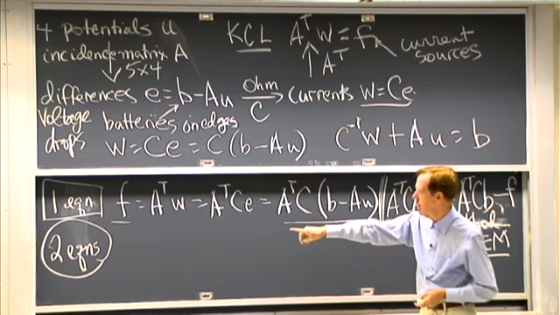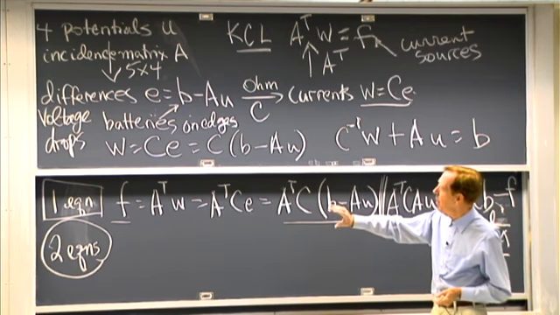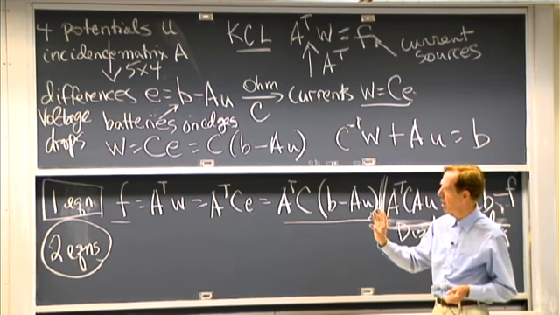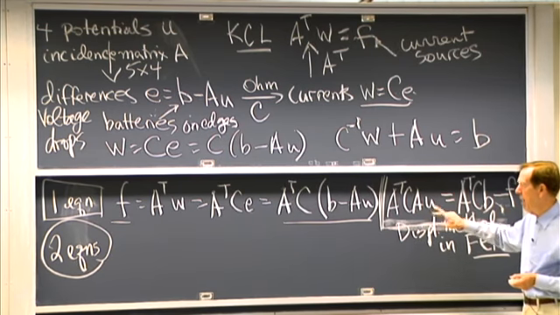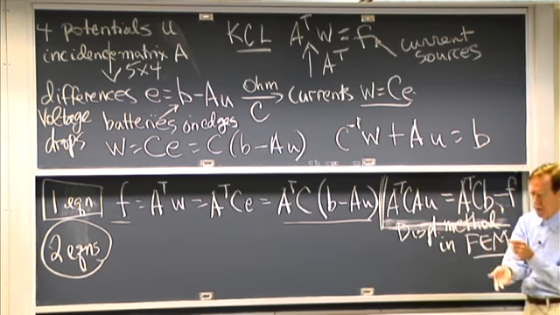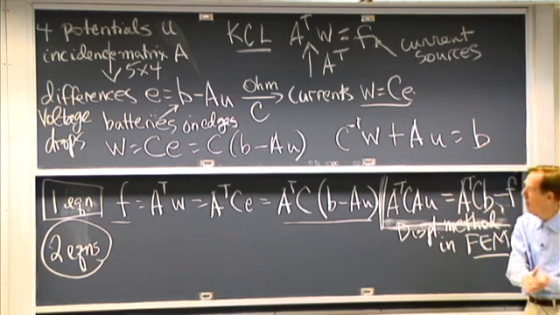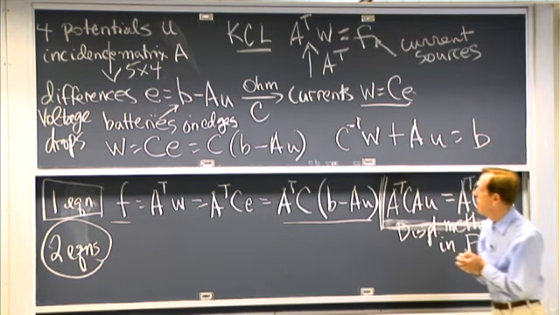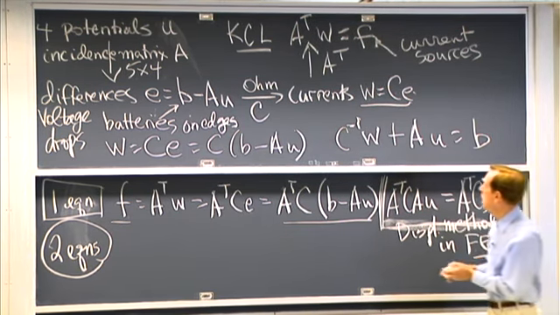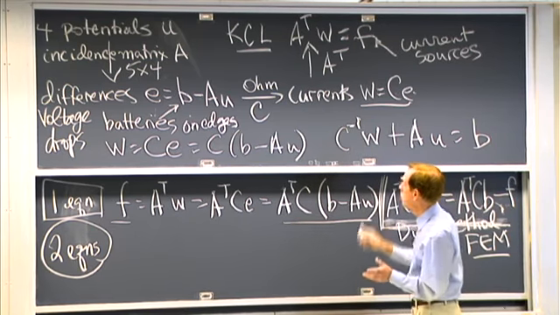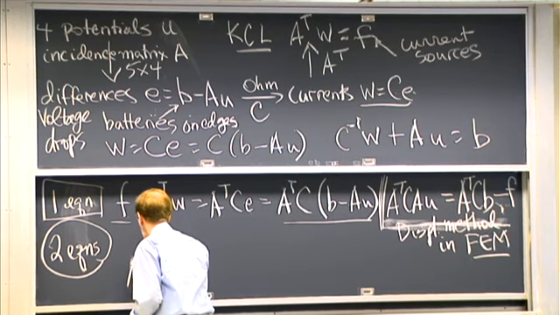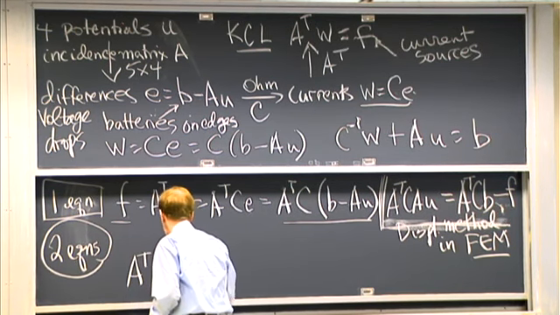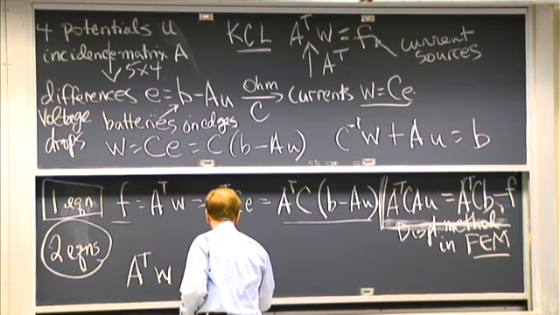So what two unknowns am I going to keep? U I'm keeping, displacement I'm keeping, but I'm also going to keep what I think of as the other important unknown, W. So now I have two equations, and one of them is just the current law, the balance law, A transpose W equals F.